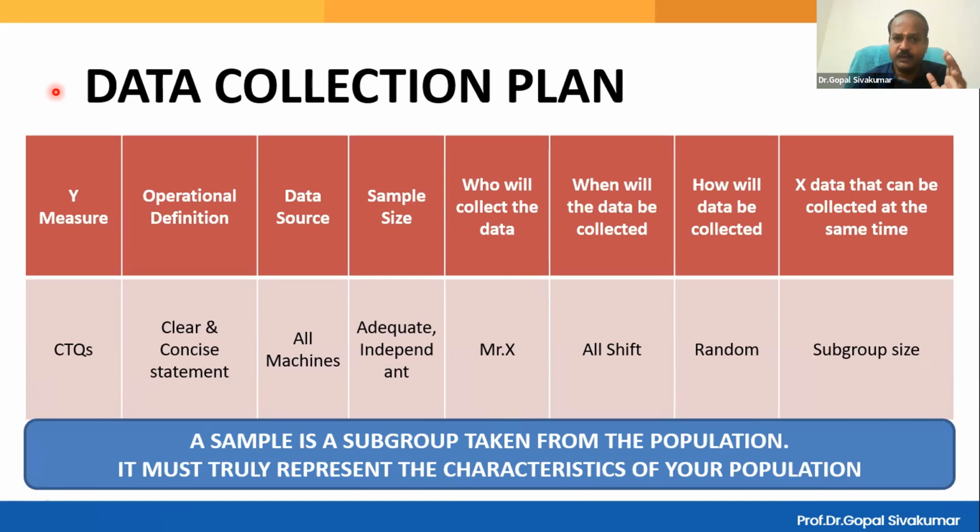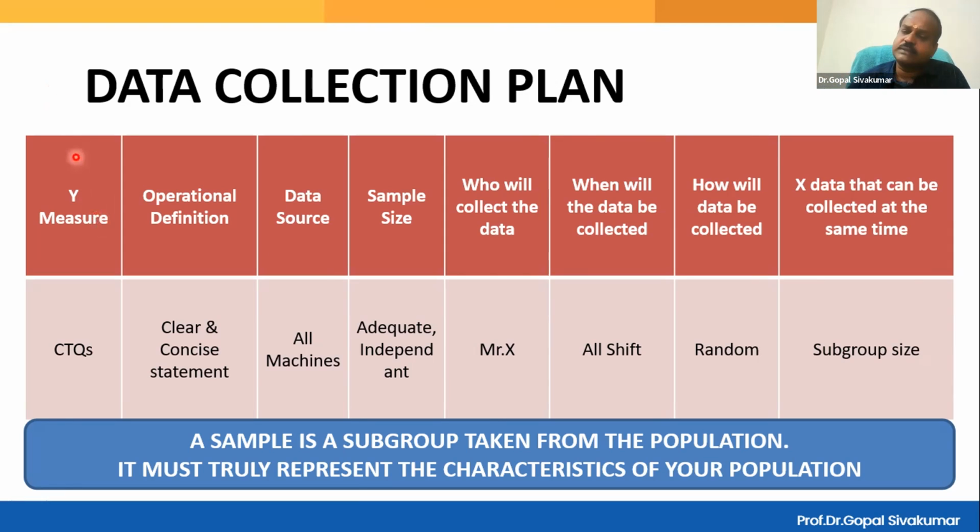Do you understand, sir? If your data type is continuous, try to keep the subgroup size constant, right? And if the data is discrete, then it can be different, and accordingly different control charts are available, so you can monitor. So ultimately a sample is a subgroup taken from the population, and it must be a true representative of the population. The sample characteristics must help you to judge the population characteristics.